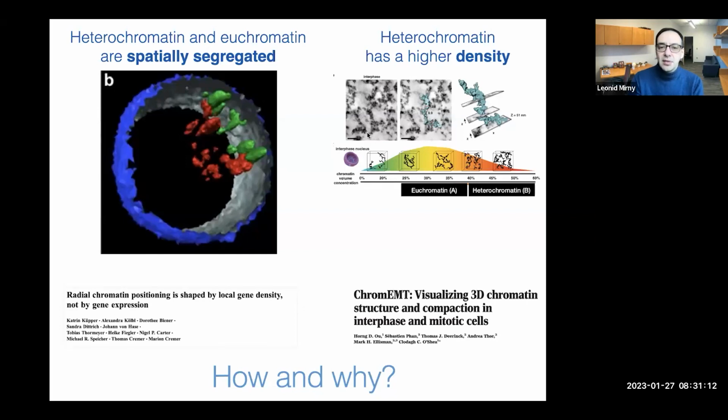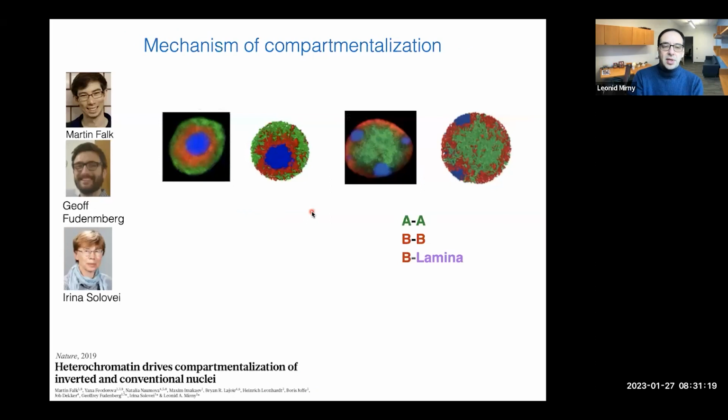Earlier, in collaboration with Job Dekker and Irina Solovei, we looked at the mechanisms that lead to formation of denser heterochromatin in mouse cells. What we found is that the central factor for formation of spatial segregation between heterochromatin and euchromatin is actual interactions between heterochromatic regions themselves.